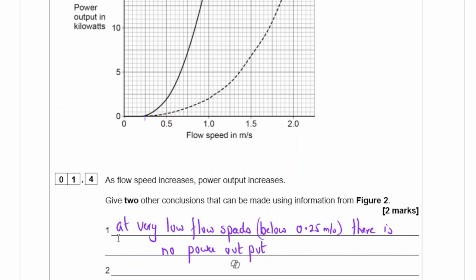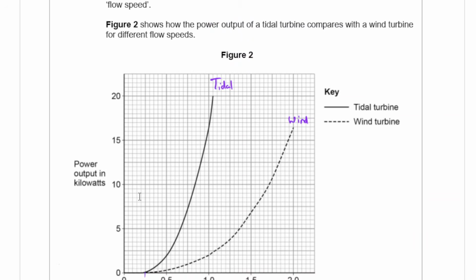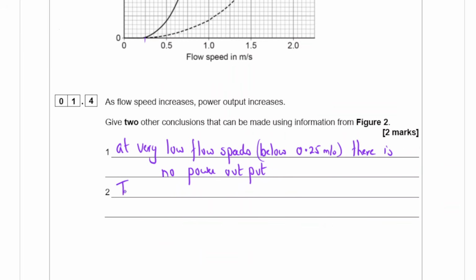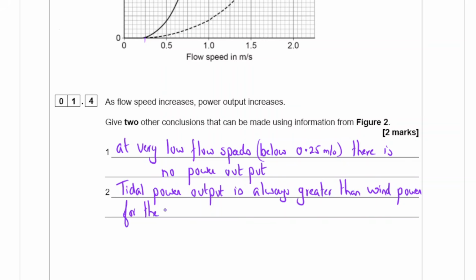Now, the other thing that we can say is that the tidal power output is always greater than the wind power for the same flow speed above 0.25 meters per second.